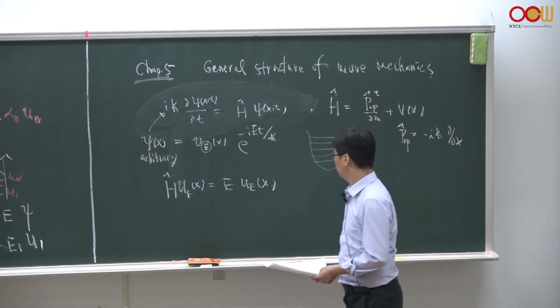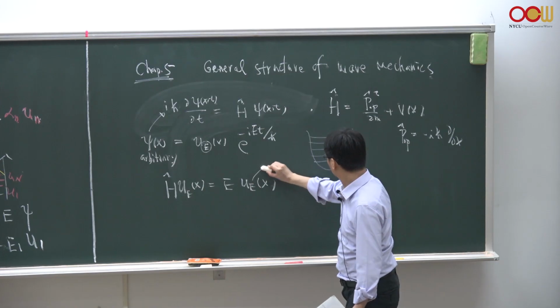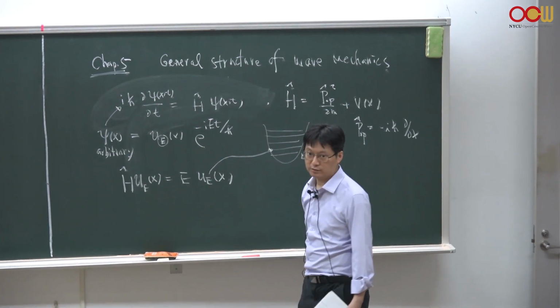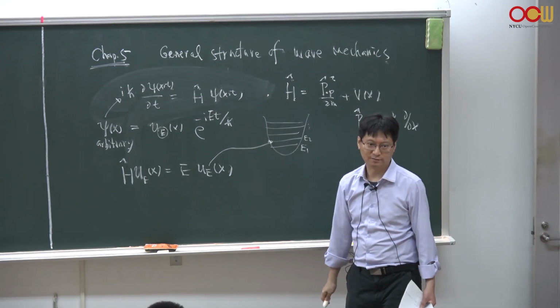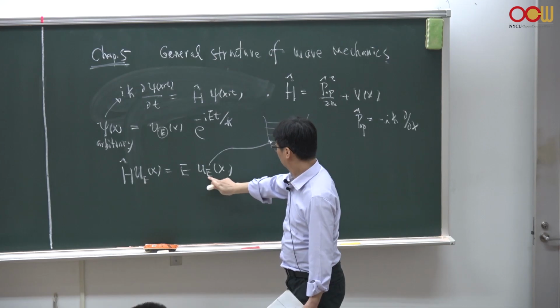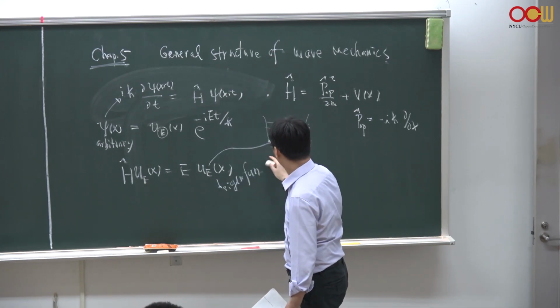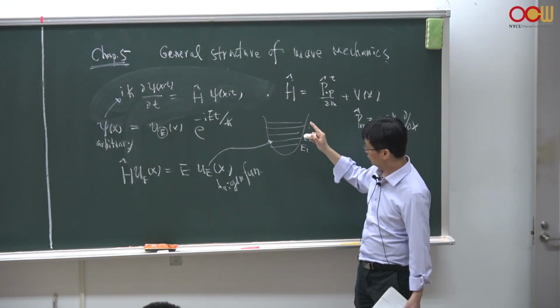And the little u_E as a function of x refers to the eigenfunction of a particular eigenstate labeled by the eigenenergy capital E. Is it clear? The little u_E is the eigenfunction of a particular eigenstate with eigenenergy capital E.